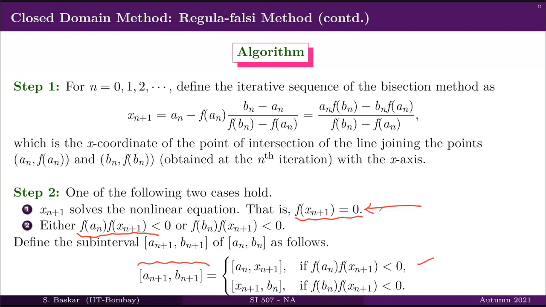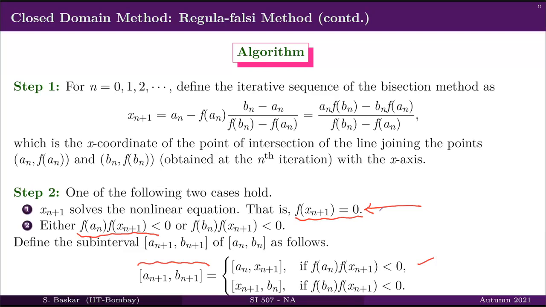When to stop this iteration process? Well, in the case of the bisection method, we had a very natural stopping criteria. That is, we always see the length of the interval. If it shrinks below a pre-assigned positive quantity, then we can comfortably stop the iteration in the bisection method case.